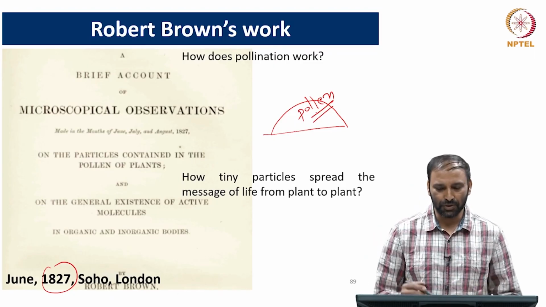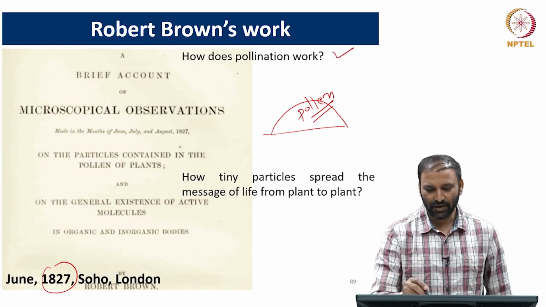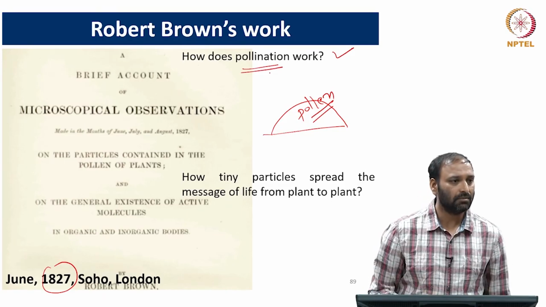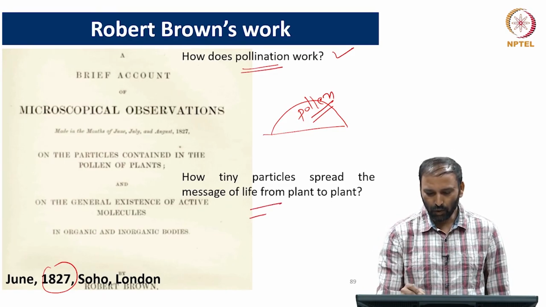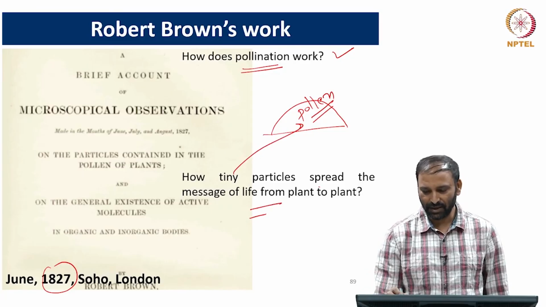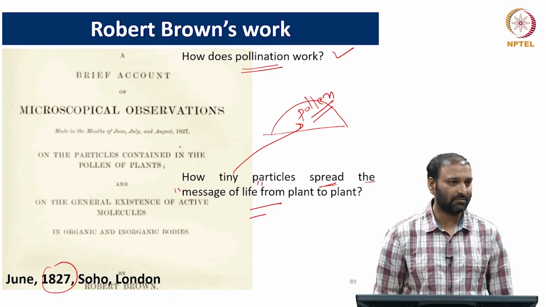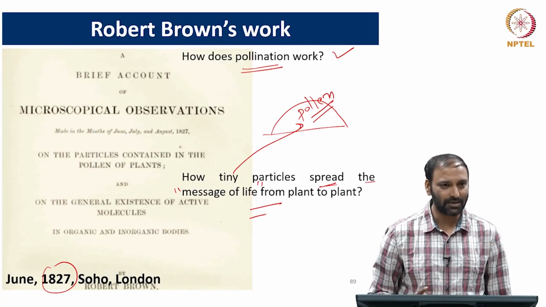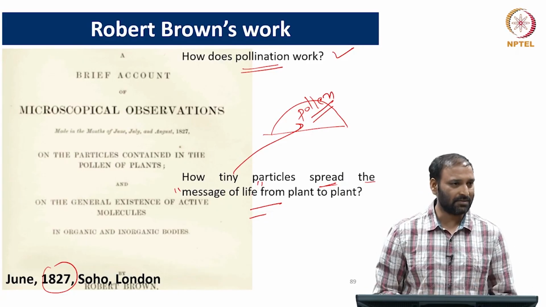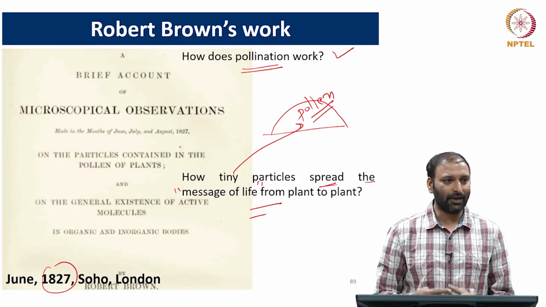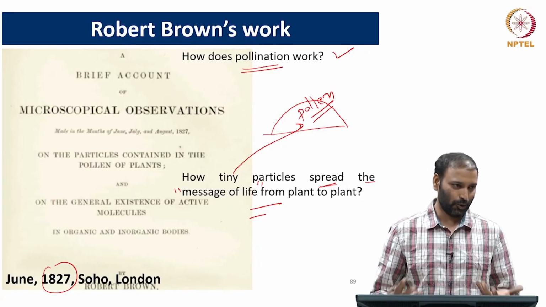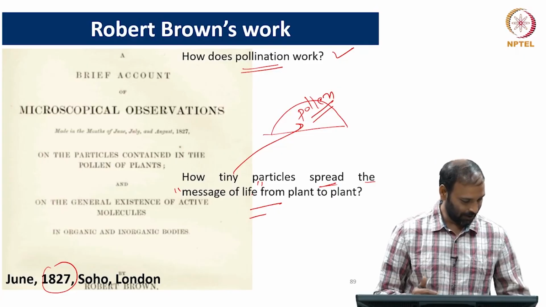His intention was to answer questions like how pollination occurs, or how these tiny pollen particles spread the message of life from plant to plant. He did a lot of experiments, and ultimately he couldn't come to a conclusion about what he was trying to do.